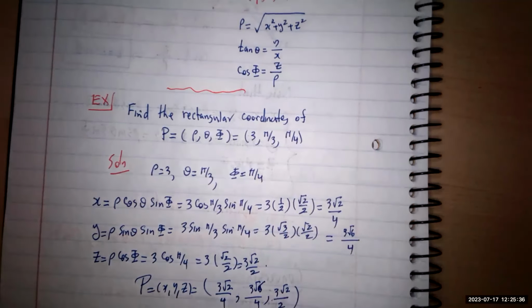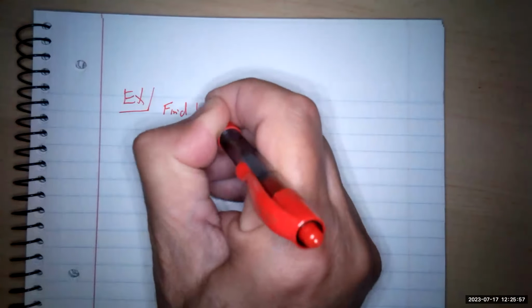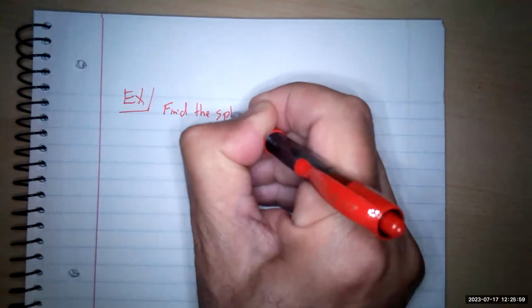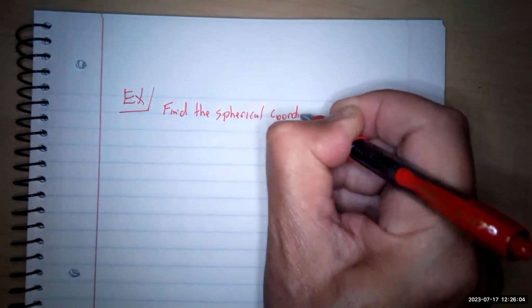Okay, let's do one the other way around. And then we need to work on the equations as well. So the next one: convert into the spherical coordinates. Find the spherical coordinates of this point.